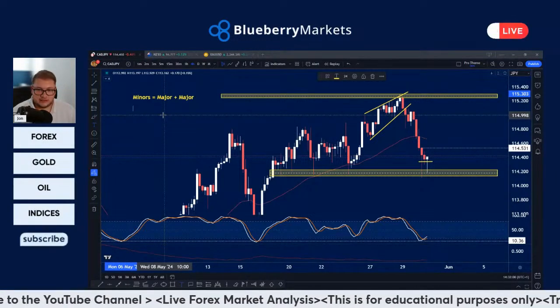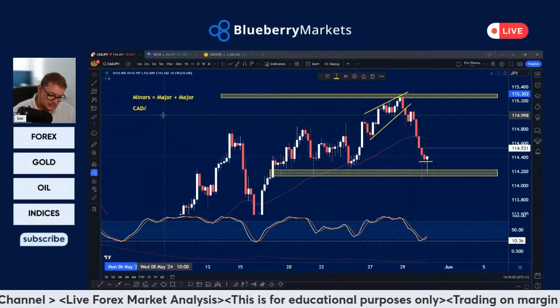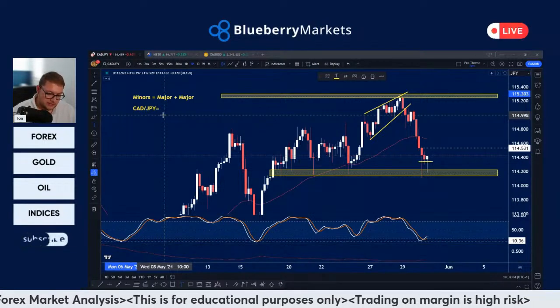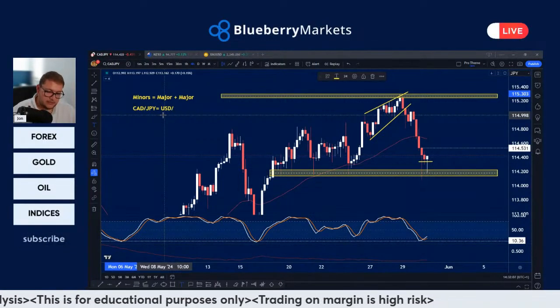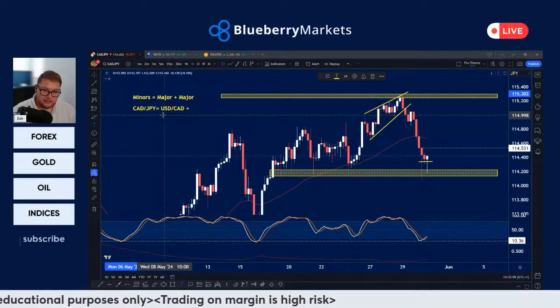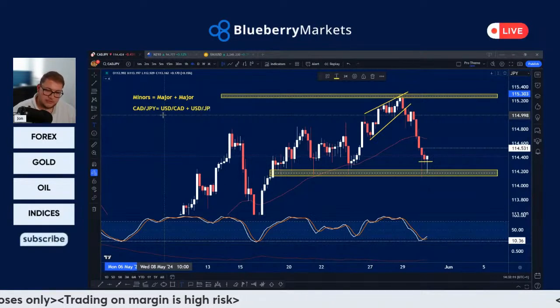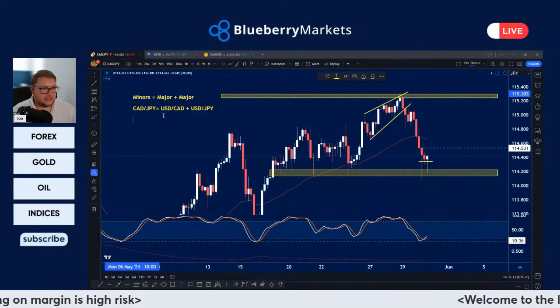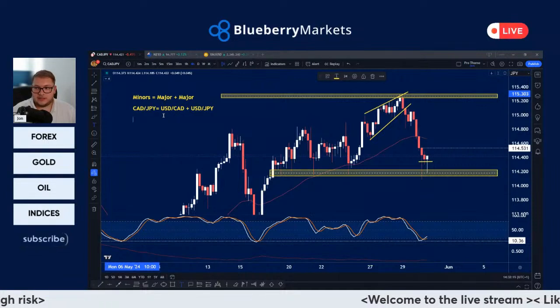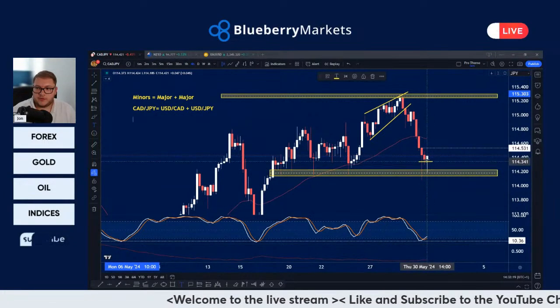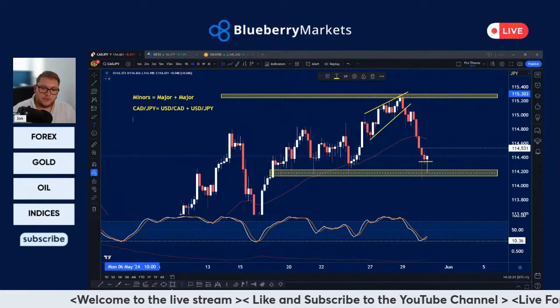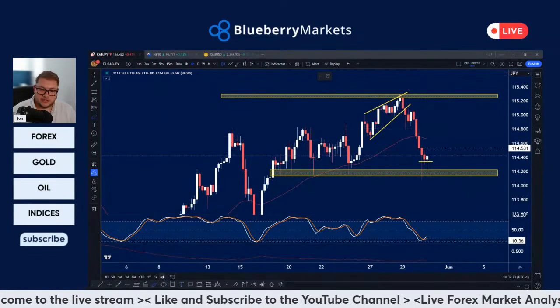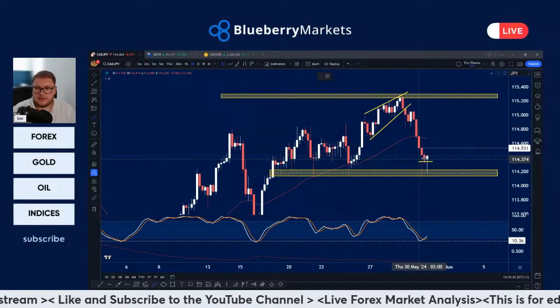So in this instance, CAD yen is equal to dollar CAD and dollar yen. So what I'm essentially trying to do here is identify what's going on in these two markets to be able to go over to the minor, or the cross pair, which is that CAD yen.